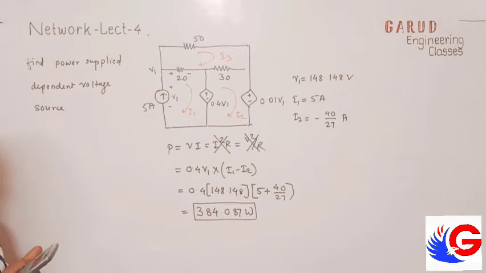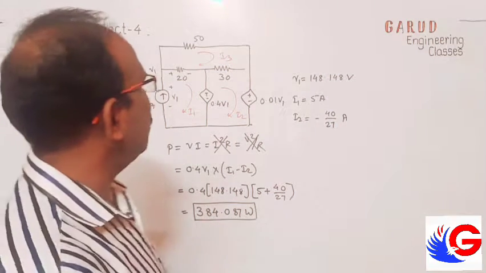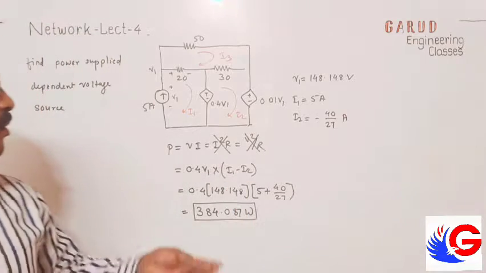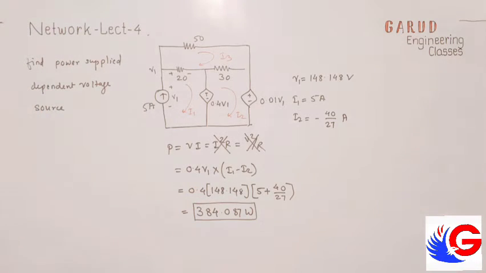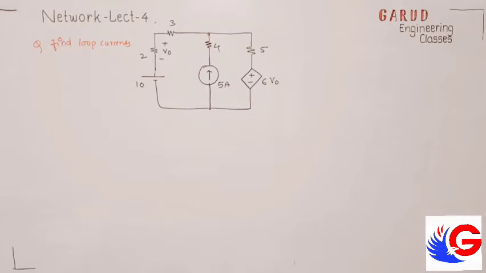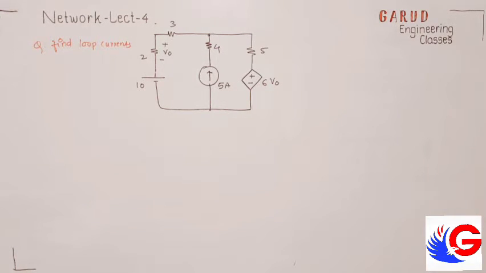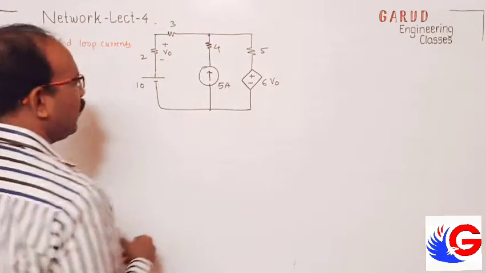Okay, so this is a very easy problem. I will consider the next problem for more revision. See this problem. Here the question is to find the loop currents, meaning I1 and I2.